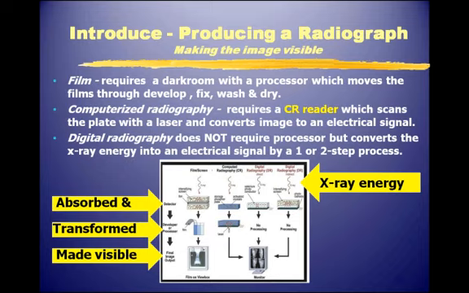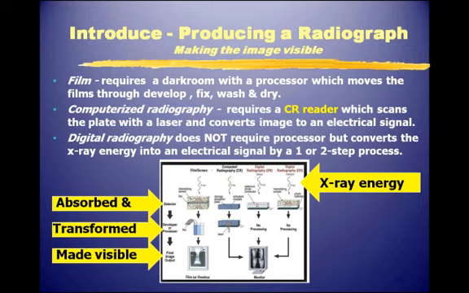We've mentioned before that film requires a darkroom with a processor which moves the films through develop, fix, wash, and dry. Computerized radiography requires a CR reader which scans the plate with a laser and converts the image to an electrical signal. And digital radiography does not require a processor but converts the X-ray energy into an electrical signal through 1 or 2 steps, as we've mentioned.